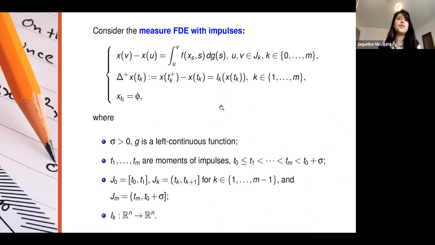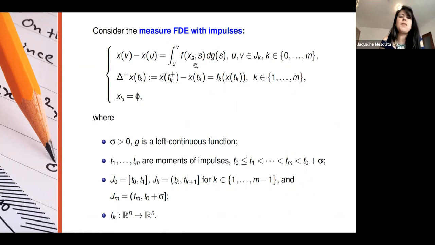We are considering that the moments of impulses are prefixed, so we know where they are, given by an increasing sequence. Here we have this type of behavior outside of the impulses, and here are the jumps at the moments of impulses. And here is our initial condition.